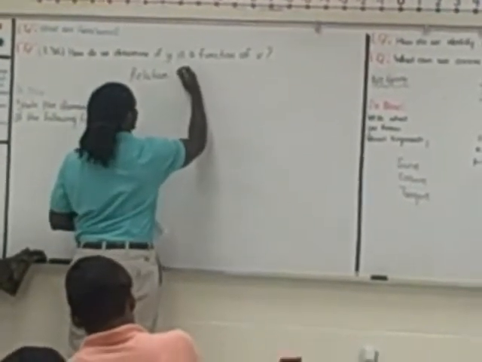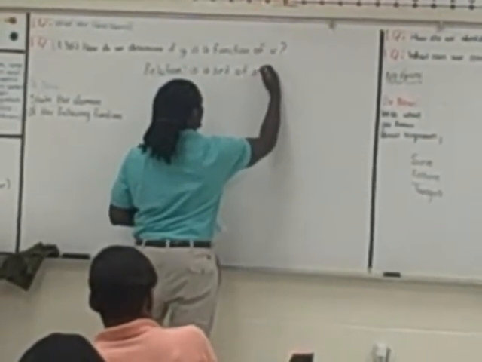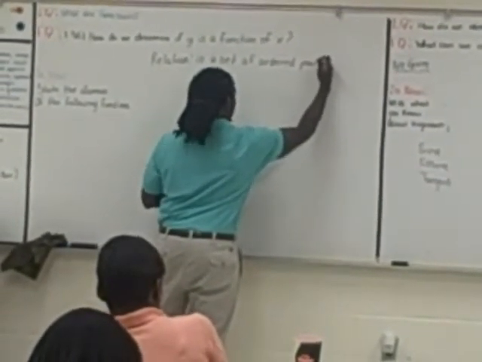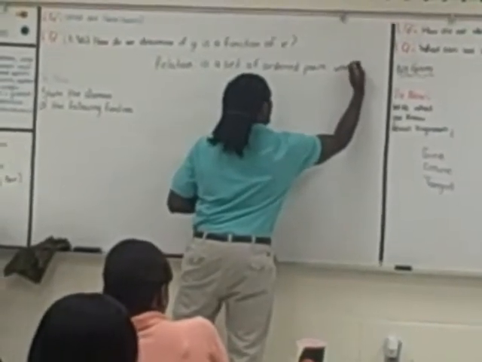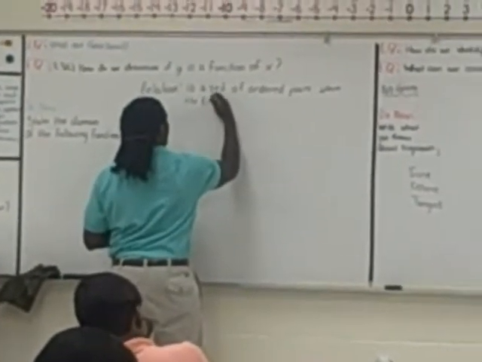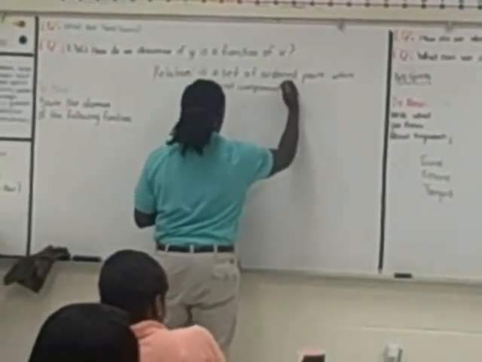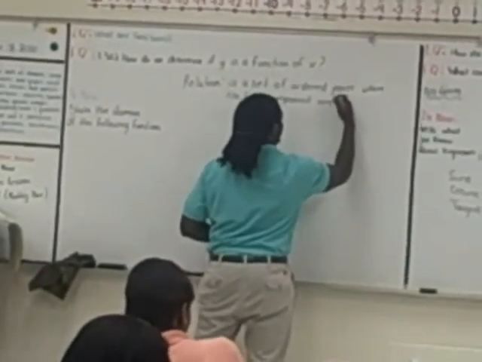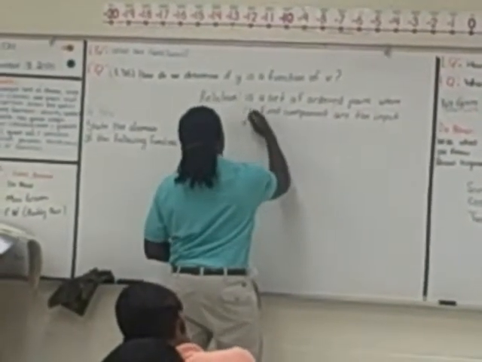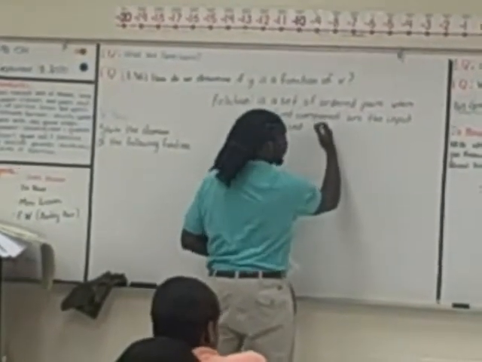A relation is a set of ordered pairs where the first component are the input values and the second component are the output values.